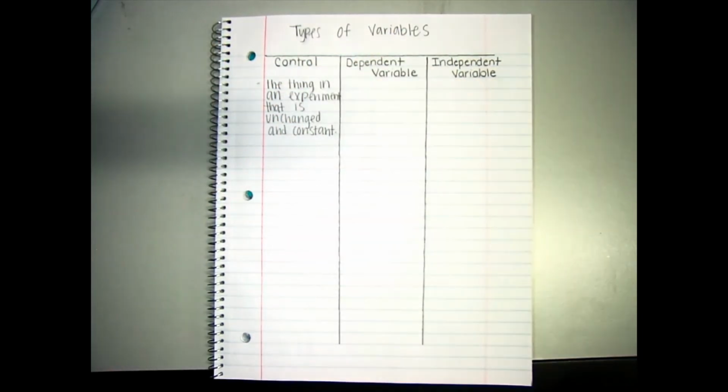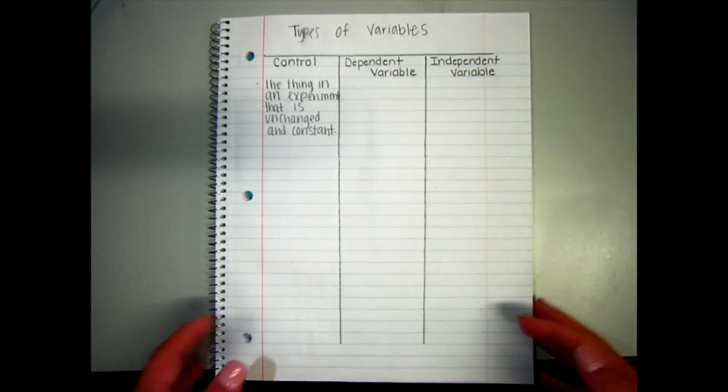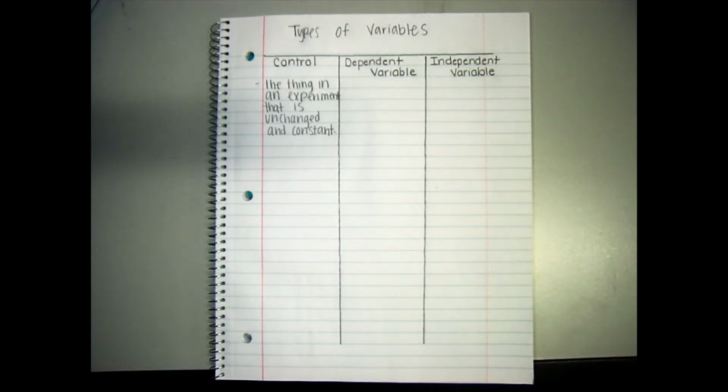Now you might wonder what unchanged and constant means. It just simply means we keep it the same for all throughout the entire experiment.